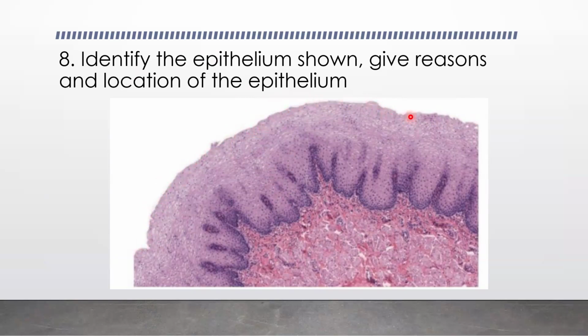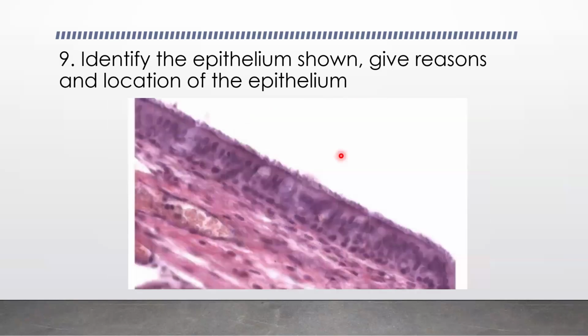We also say that you find it in the masticatory epithelium of the oral cavity. You'll also find it in the esophagus, and also in the anus. Those are the locations of stratified squamous non-keratinized epithelium.